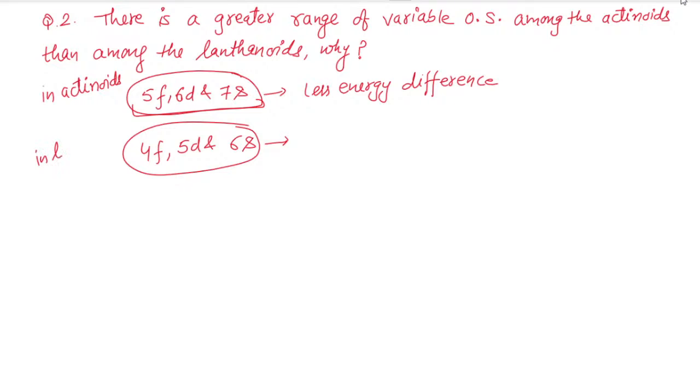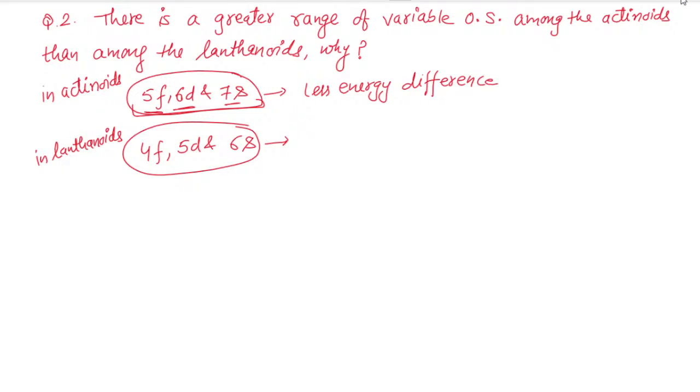In lanthanoids there is filling of 4f, 5d and 6s, and the energy difference is less among 5f, 6d and 7s. That's why more electrons are available for bonding in actinoids as compared to lanthanoids. That's it.